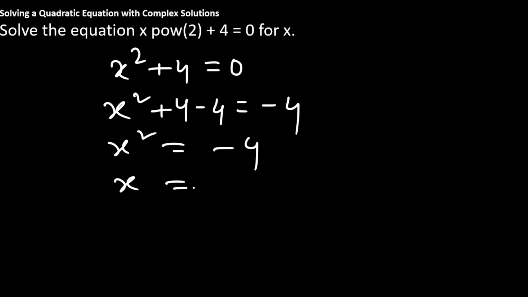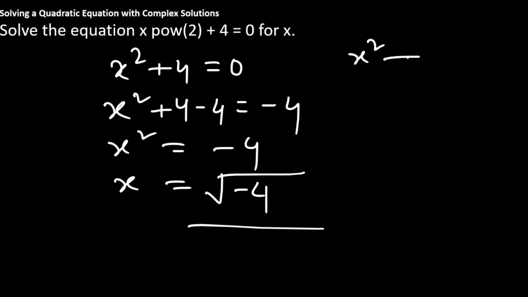So x equals square root of minus 4. Here we need to solve the quadratic equation, ax square plus bx plus c. There is no multiplication with x, so we can take b as 0 times x plus c, where c equals 4.